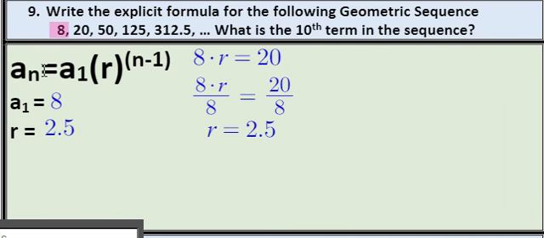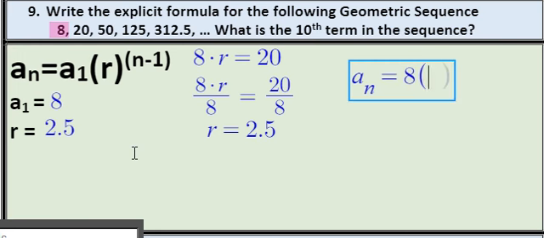Now I want to write the formula using the values that I have. So we start with A sub n. And our first thing we do is our first term. So I write an 8. I multiply 8 times the value of R, which in this case is 2.5.